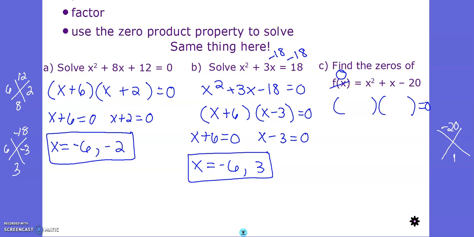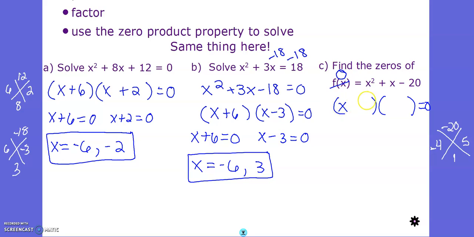Thinking of two numbers that multiply to 20, I know it's going to be 4 and 5, but what combination of negatives will I have to add up to 1? I think this 4 needs to be negative. Negative 4 times 5 is negative 20. When I add it, I get 1.